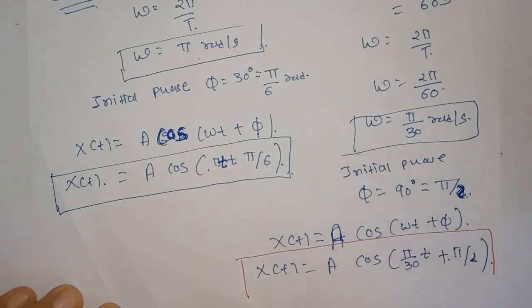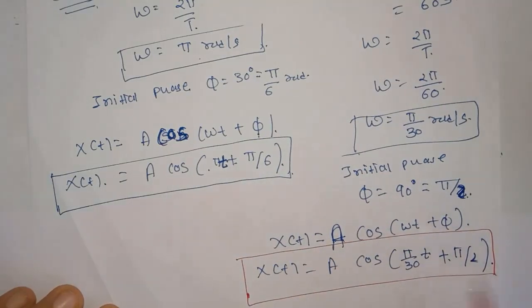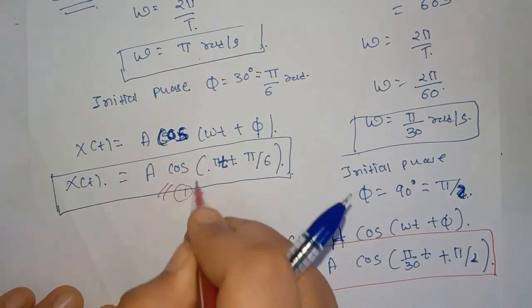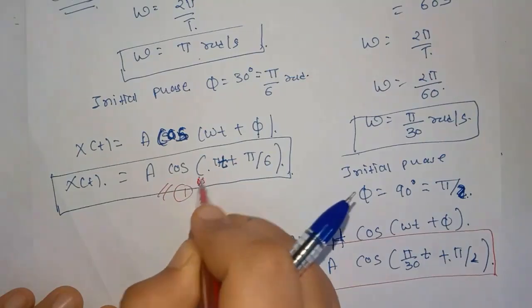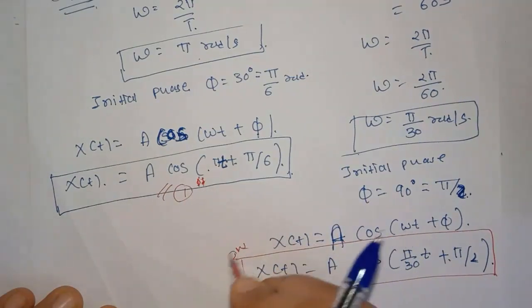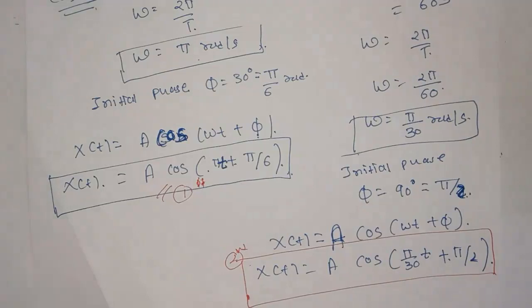So this will be the equation in the second case, and this will be the equation in the first case. So in this way, from the given circle, we can write the equations of SHM, and from the given SHM, we can represent it as a uniform circular motion.